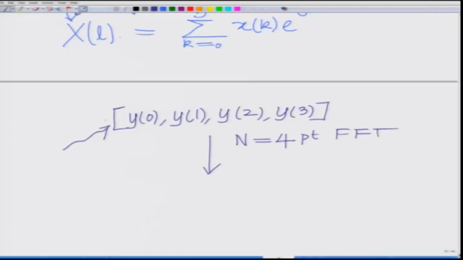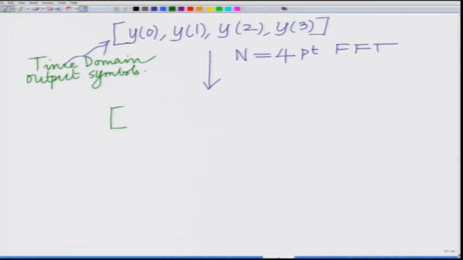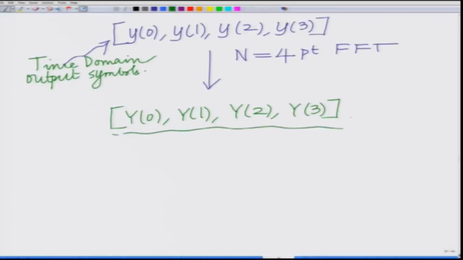These are time domain output symbols, and what you get is Y0, Y1, Y2, Y3, and these are your frequency domain output samples, the FFT coefficients of the received time domain symbols.